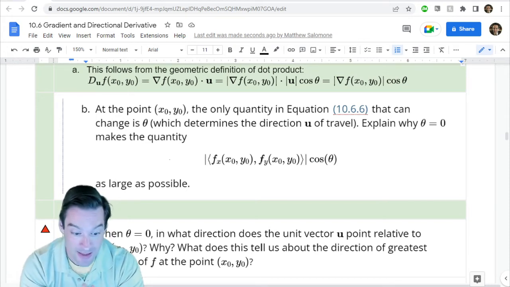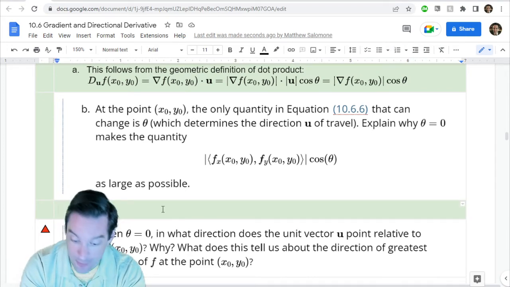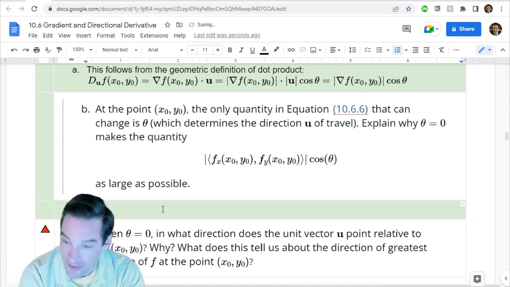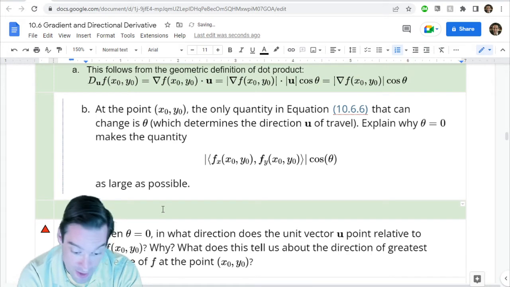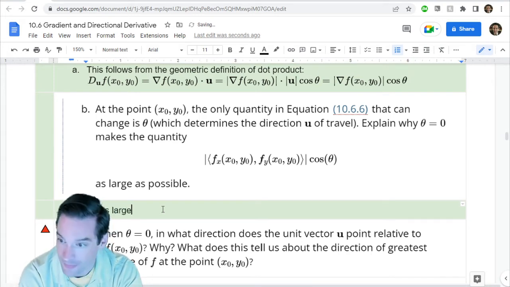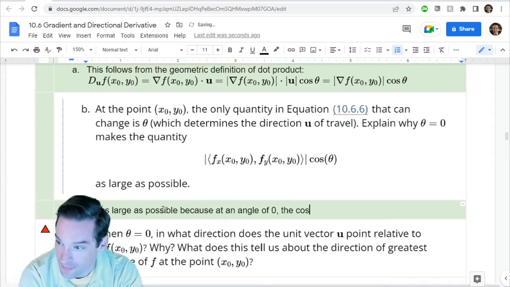It has the largest directional derivative among any direction that we could have chosen at that point. So it's as large as possible because the cosine of theta is as large as possible, because at an angle of 0, the cosine has its largest value, namely +1.